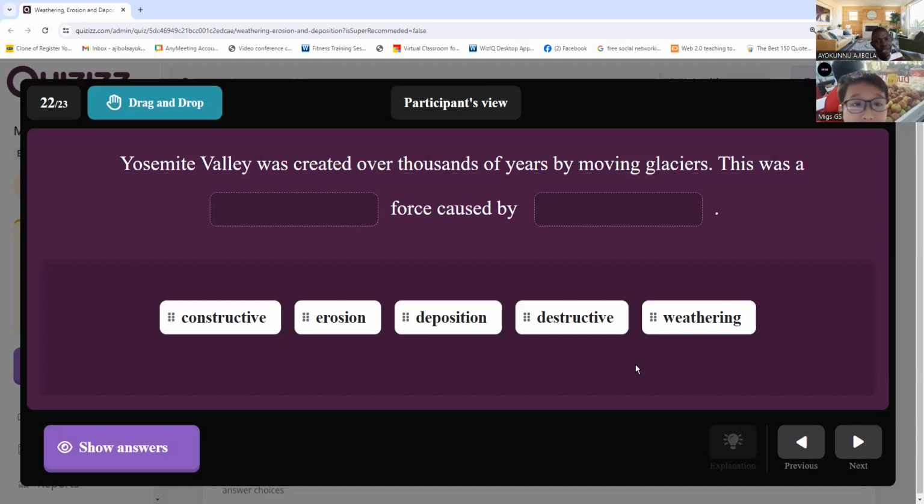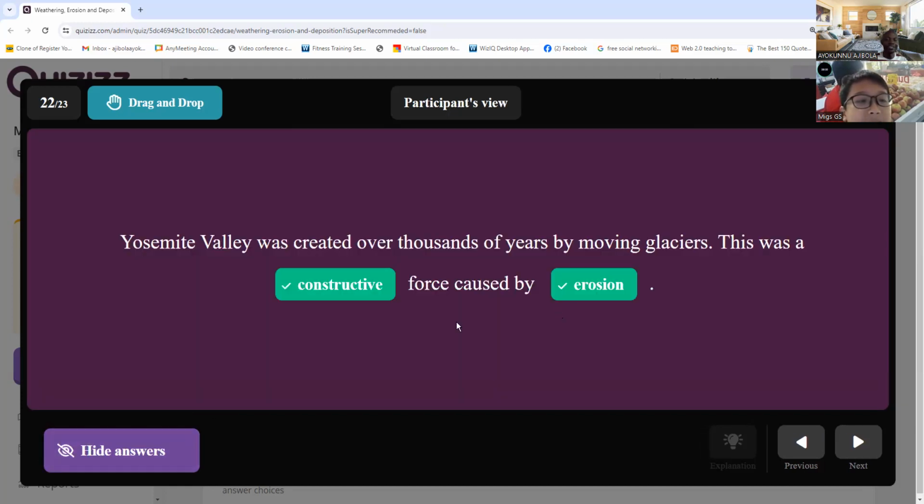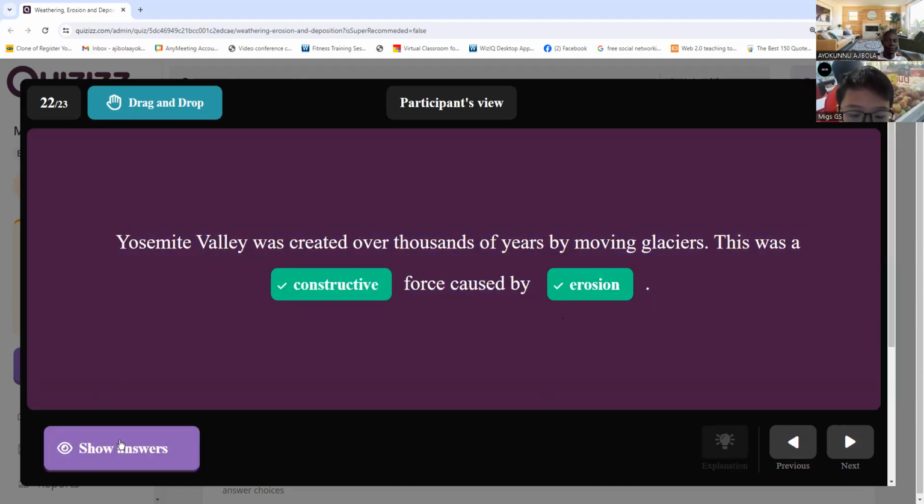Wait, this was dash force caused by dash. So it should be destructive force caused by erosion. So you were right, it's erosion, but destructive force. Is that clear? That's clear.